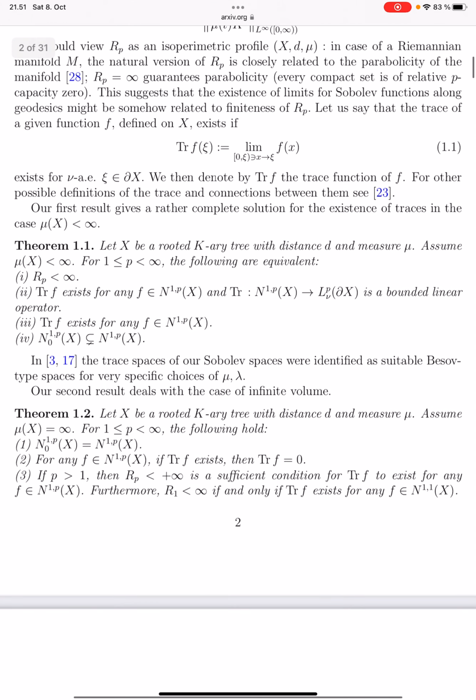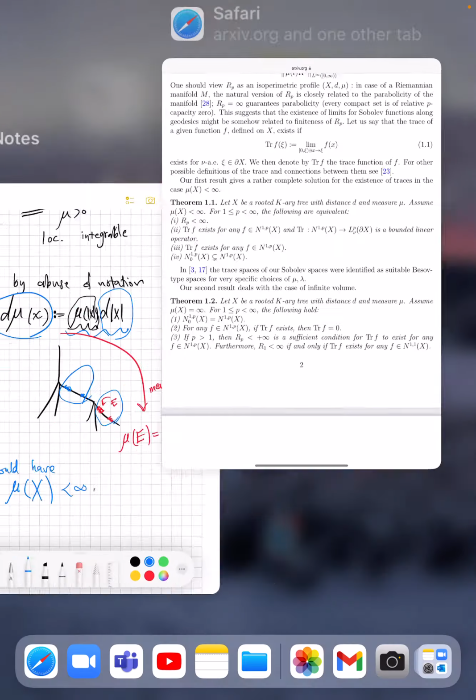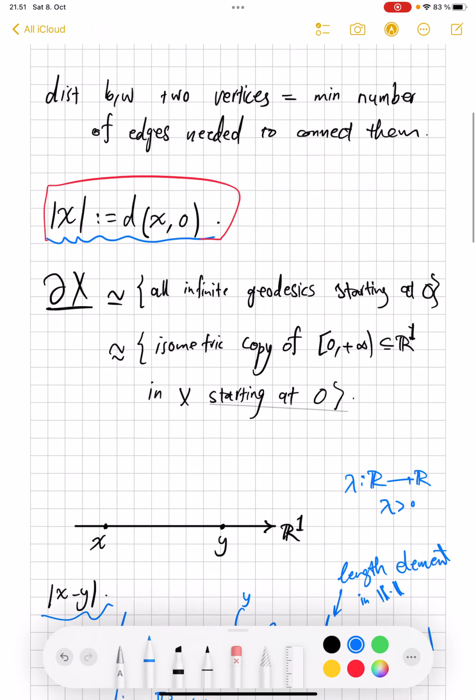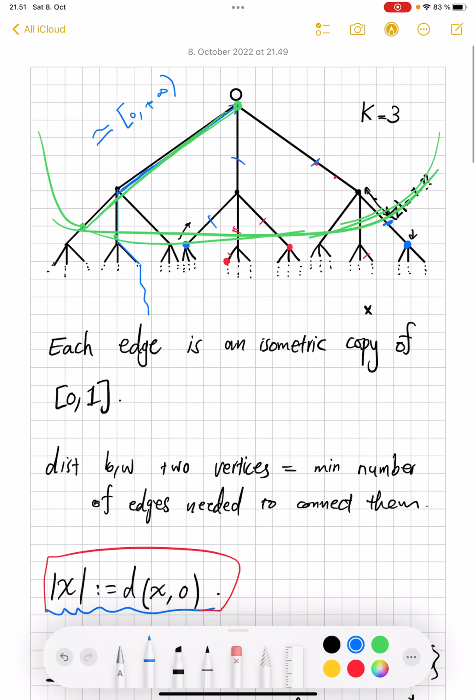If you have this boundedness for Rp and also boundedness of a measure, then every Sobolev function has well-defined boundary values. So we can talk about what are the limits of the functions as you approach the boundary of the set, in this sense up here.